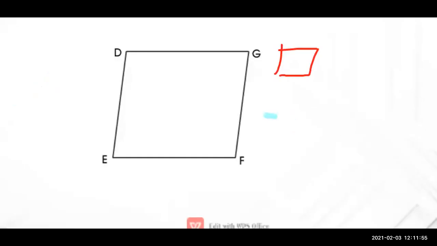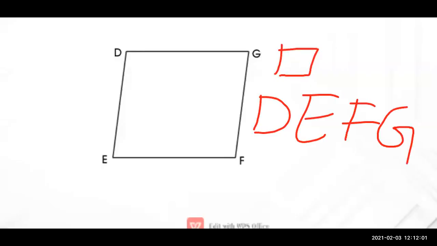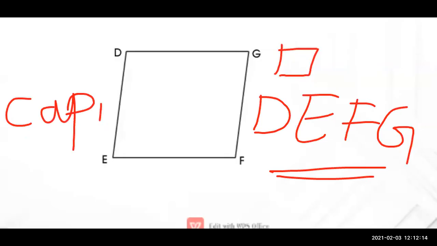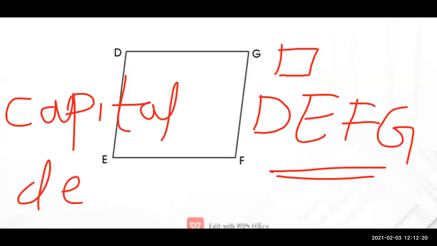Quadrilateral DEFG. This you have to write in capital letters only. You are not going to write this in small letters. If you write small letters d, e, f, g, that is wrong.